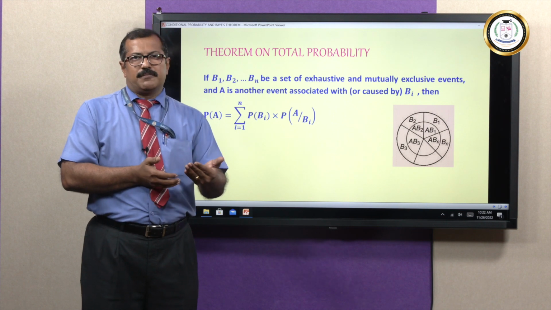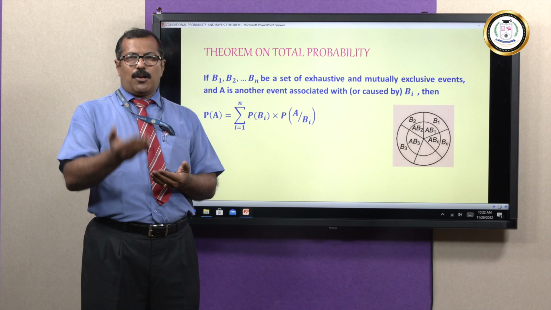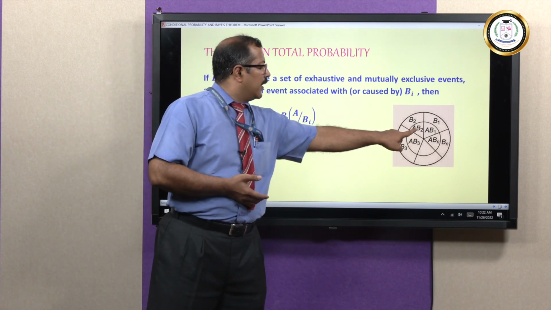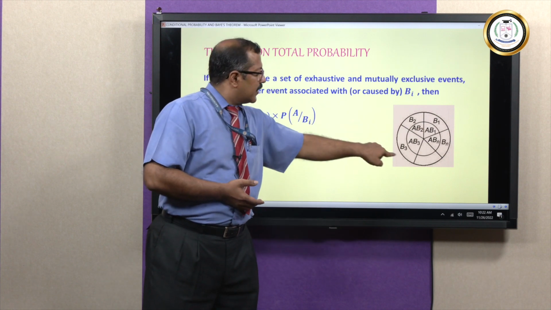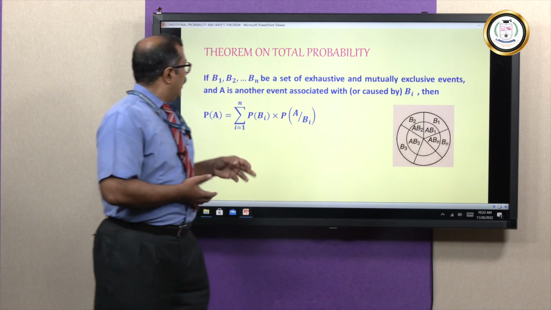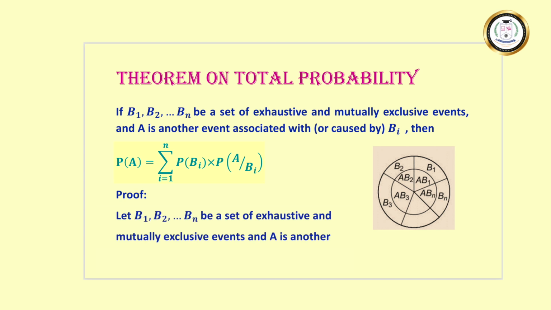A is happening. We have already taken A as the end result or the required event. So the probability of A could be because of B1 or because of B2, etc. up to because of Bn. And P of A is given by the formula, summation over i equal to 1 to n, P of Bi times P of A given Bi. We are considering B1 to Bn as mutually exclusive and exhaustive events as described in the diagram.